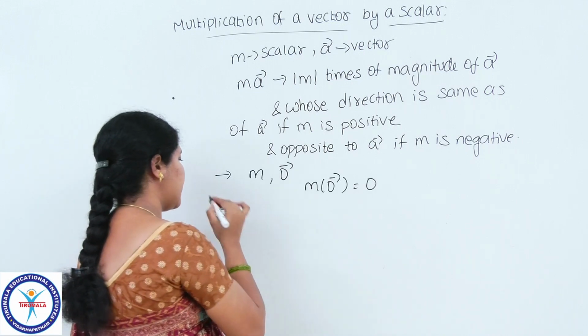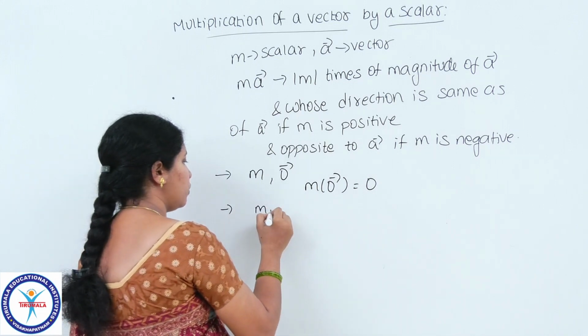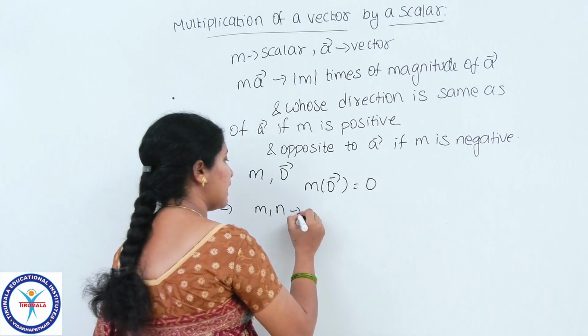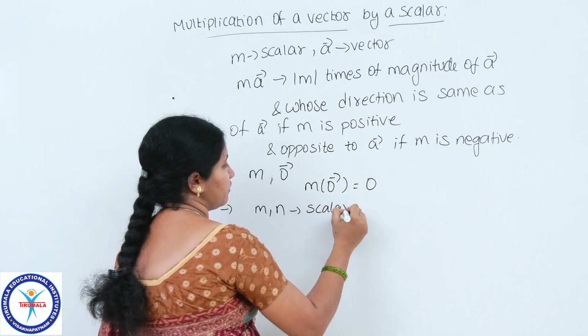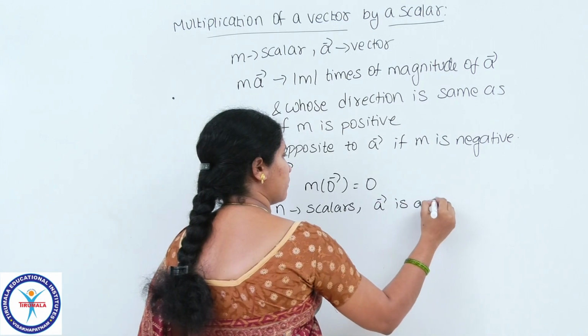And next, let us take m and n as two scalars and a bar as a vector.